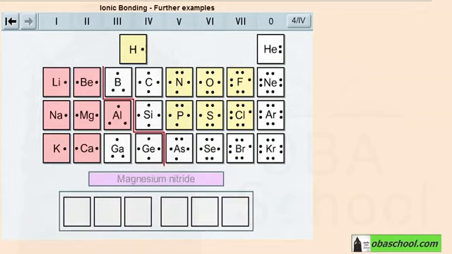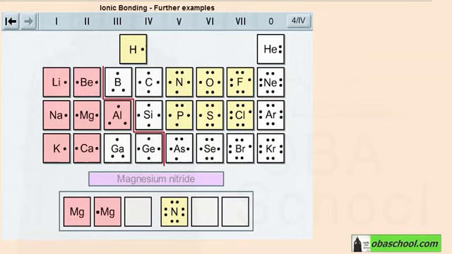Finally, let's examine magnesium nitride. The elements are magnesium and nitrogen. 2 electrons will be transferred from magnesium to nitrogen. Nitrogen still needs 1 more electron, so we'll take another magnesium atom and it will transfer its electron completely to nitrogen.